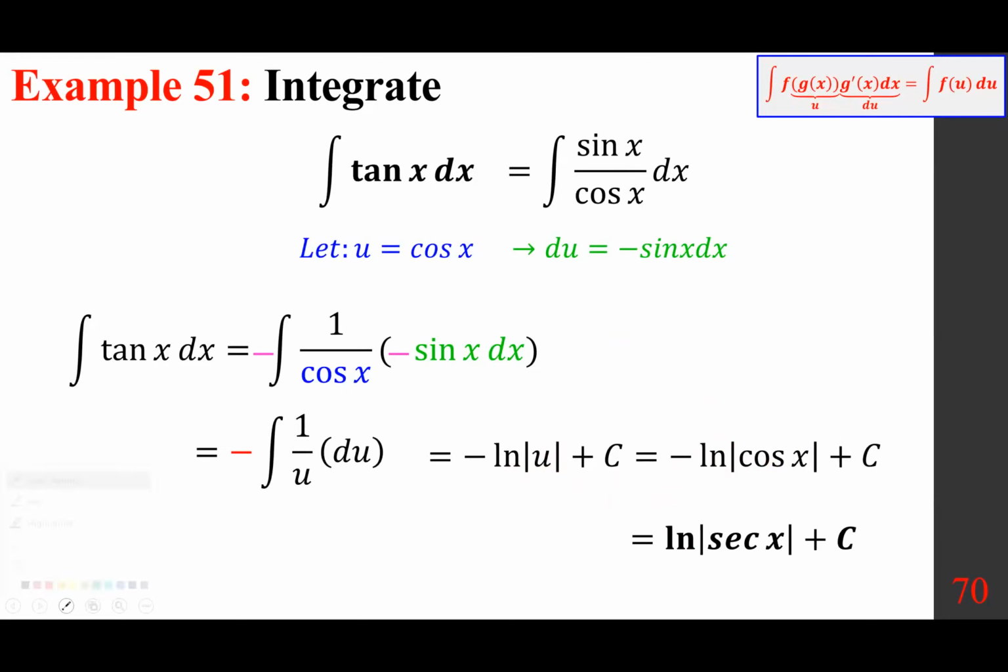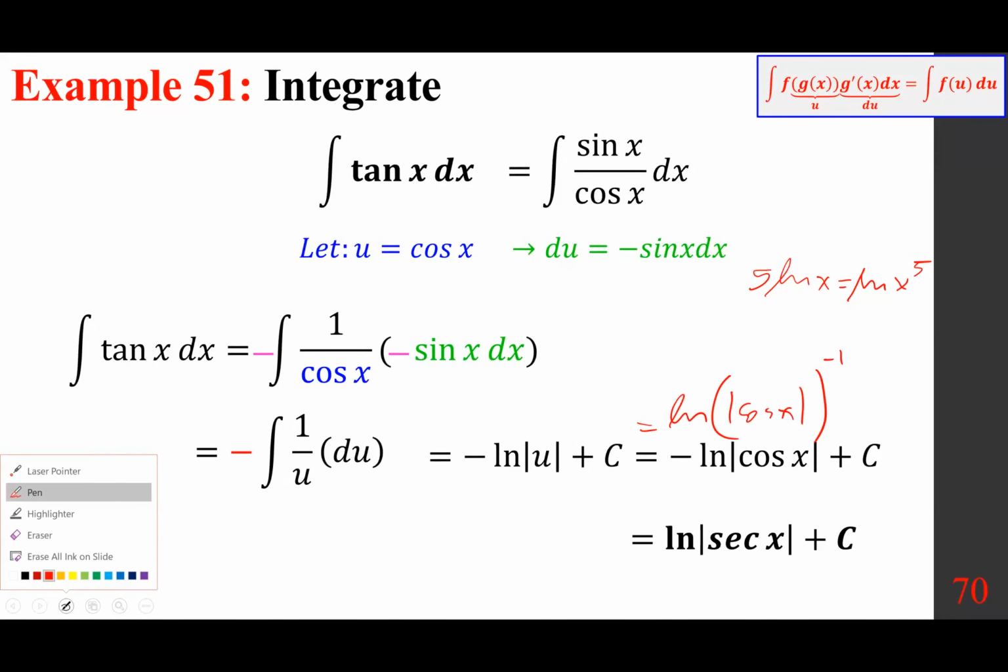I'm going to quickly remind you what I'm talking about. If you have, let's say, 5 ln x, it is the same as ln of x to the power of 5, right? So that's what we are doing here. We are going to rewrite this as ln of cosine x to the power of -1, and that becomes ln of 1 over cosine x.